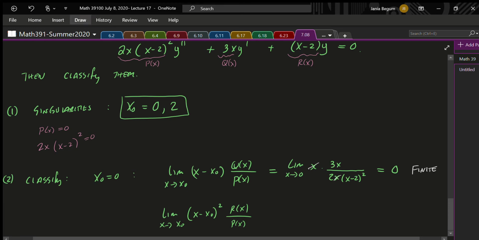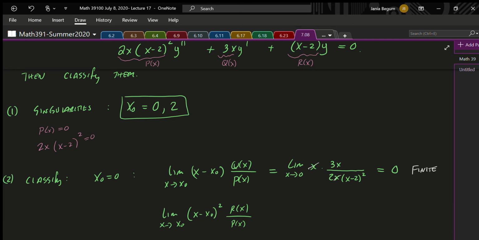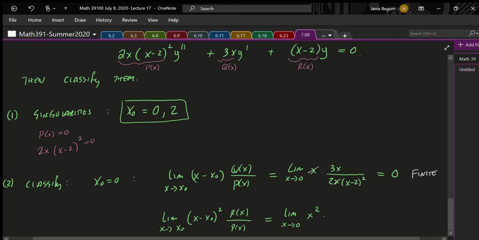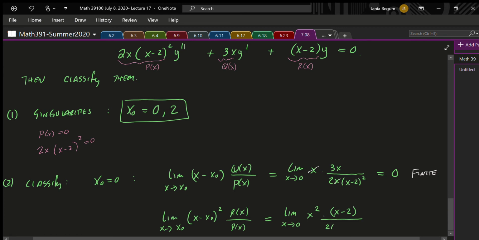Let's take the second limit. So we plug in x naught is 0. So we have the limit as x approaches 0 of x squared, because x naught is 0, times r of x. In our case, r of x is x minus 2 from above. And on the bottom, we get p of x, that's 2x times x minus 2 squared. Now, take the limit.